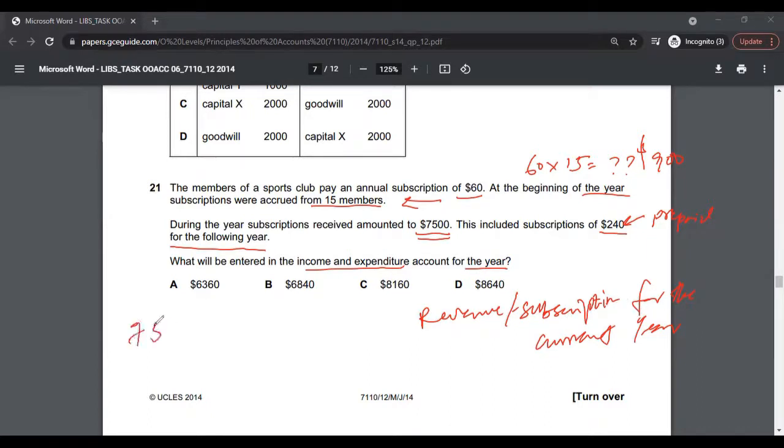You will do 7,500 minus the previous 900, because you should have received this in the previous year, and then minus 240, which is prepaid. So this is accrued, this is prepaid, and this should give you 6,360. So the answer to multiple choice 21 is option A.